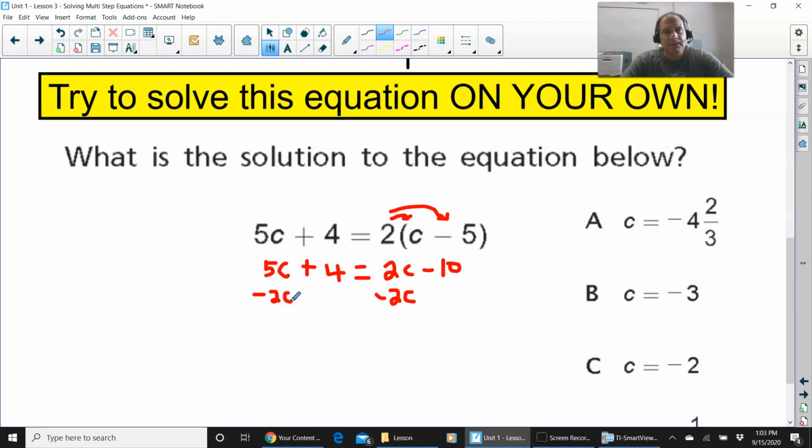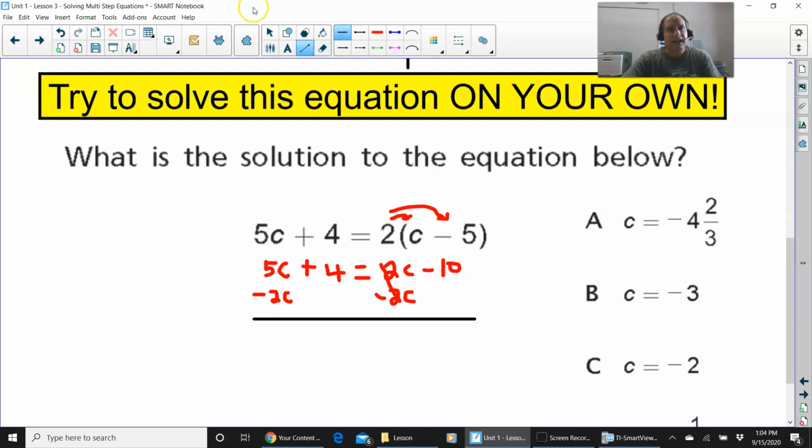I'm not going to divide because I don't want to break up the 2c. Right? So I just want to take the smallest coefficient, and that's the number before the variable, and bring it over to the left side, because the 5c is over there hanging out on its own, and you want to bring them together. So when you do that, this cancels.